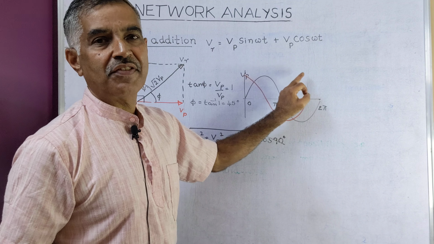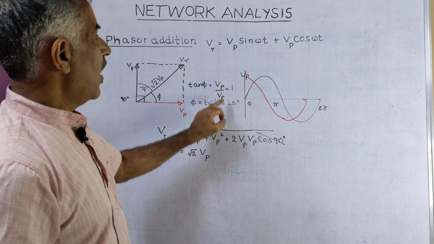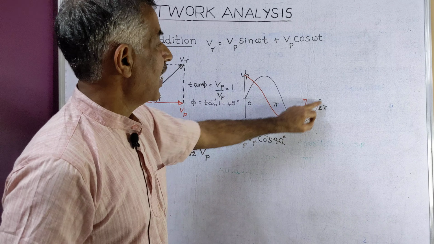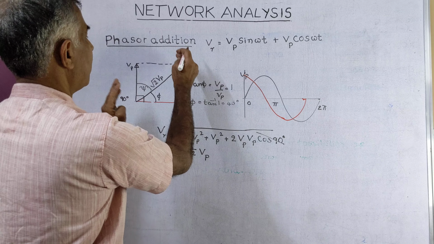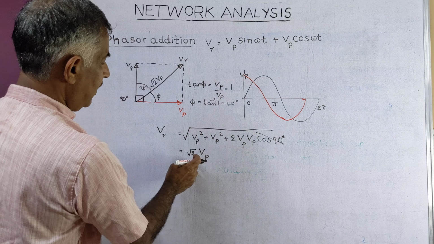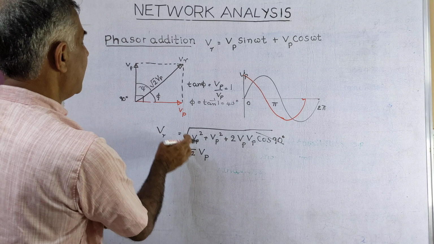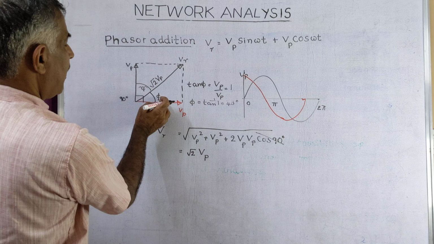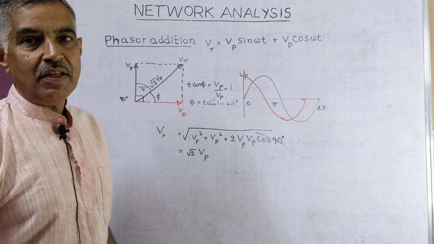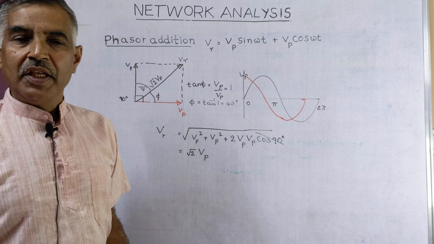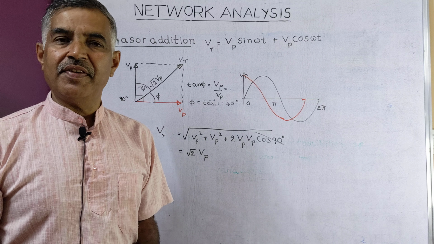The phasor addition is more convenient than adding time waveforms like this. So adding these two waveforms, it has resulted in a resultant VR given by root 2 Vp, and it is ahead of the sine wave by an angle of phi or lagging behind the cosine wave by an angle xi. In the next class, I will show phasor subtraction.